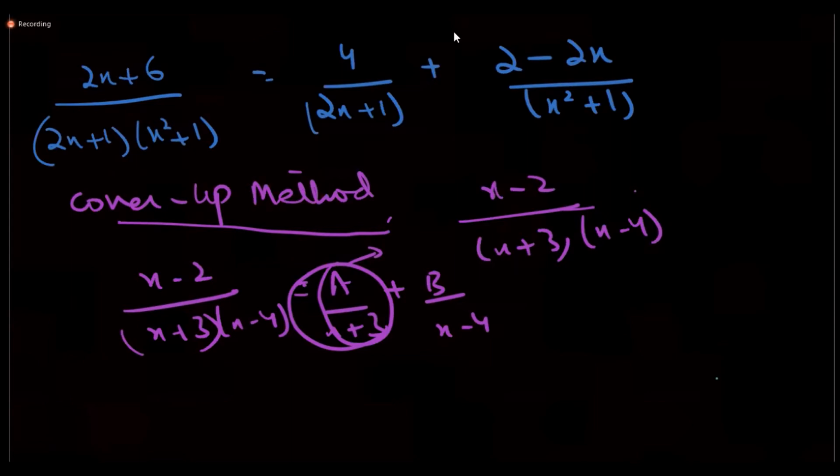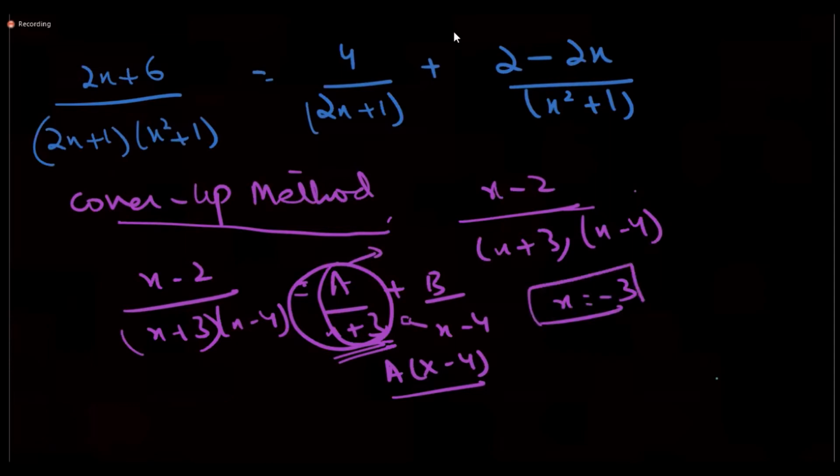If I multiply by (x + 3), A(x − 4) equals x − 2, so A equals (x − 2) divided by (x − 4), taking the value x equals −3.